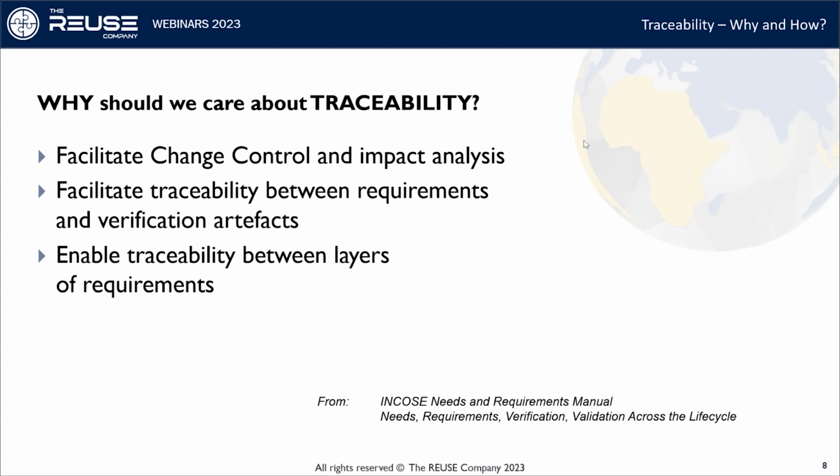Now, if we look into reference documentation like the INCOSE Needs and Requirements Manual, we are discussing traceability in the sense that we actually need it to manage, for instance, change control and impact analysis.